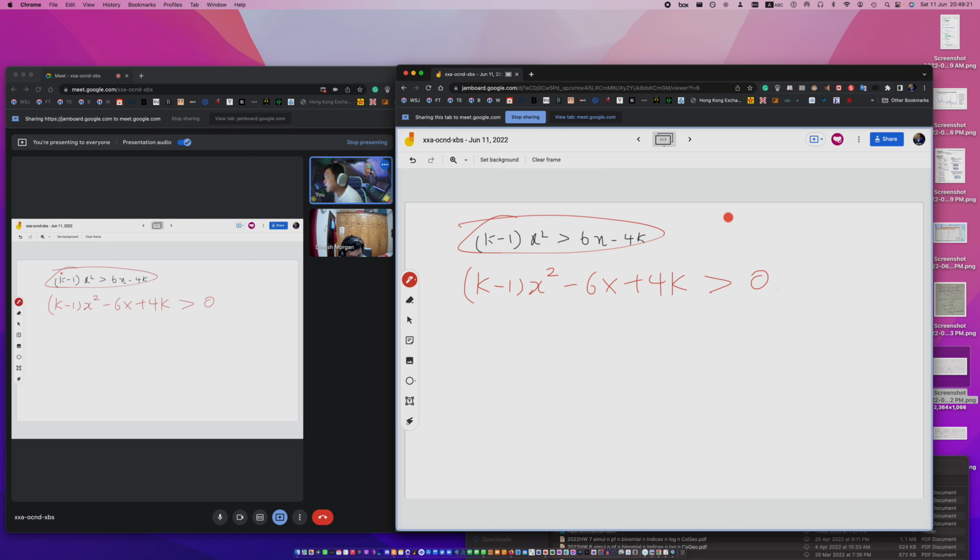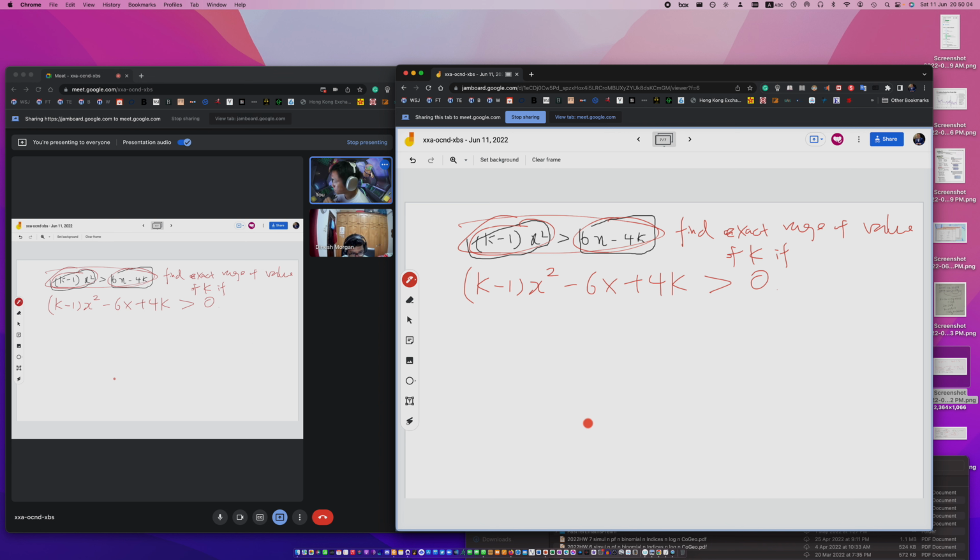So just find what? Can you write the question? Find the exact range of values of k if that one is bigger than this for all values of x.